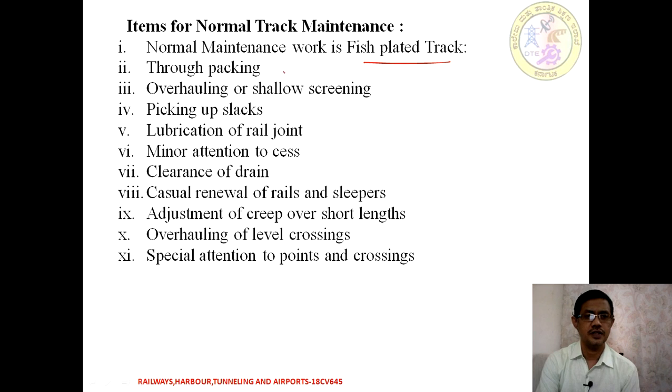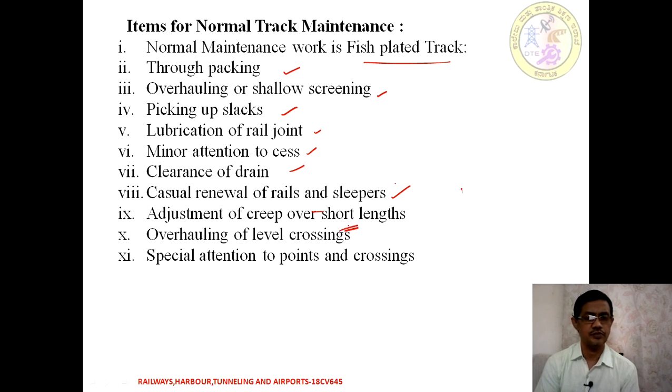Then we should have through packing, overhauling or shallow screening, picking up of slack, lubricating each of the rail joints, minor attention towards the cess, clearance of the drainage, it may be the longitudinal drainage network, casual renewal of rails and sleepers depending upon the intensity of damage, and adjustment of creep over a short length.